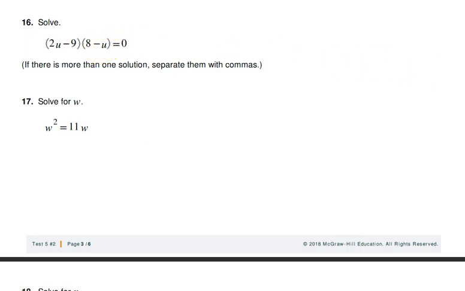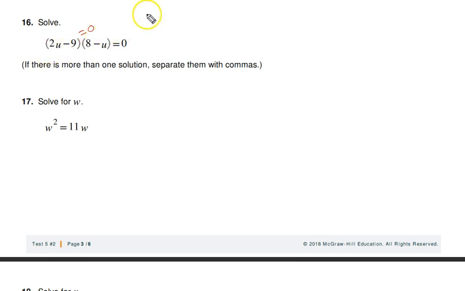Students often get confused with something like this because they want to multiply, but it's already a factor times a factor equals 0. So we just have to equate each of these factors to 0.